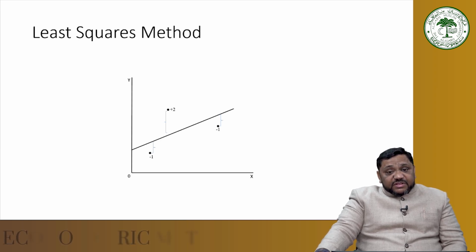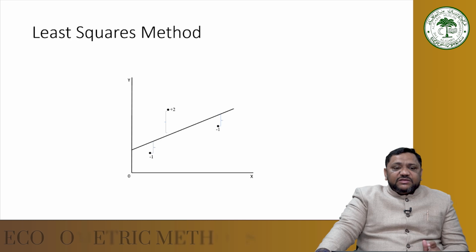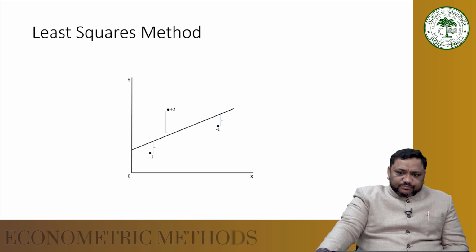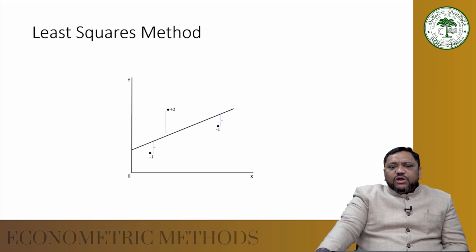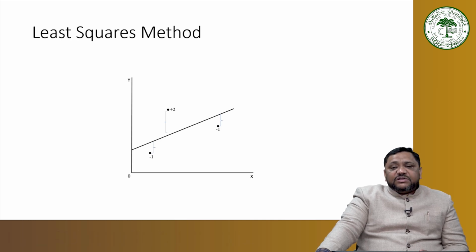The difference between the actual points and the line is what we call error. The line will be taken as the best fit. But error is inevitable. We only want to minimize this error. The line should be fitted in such a way that the error would be 0 or minimum.